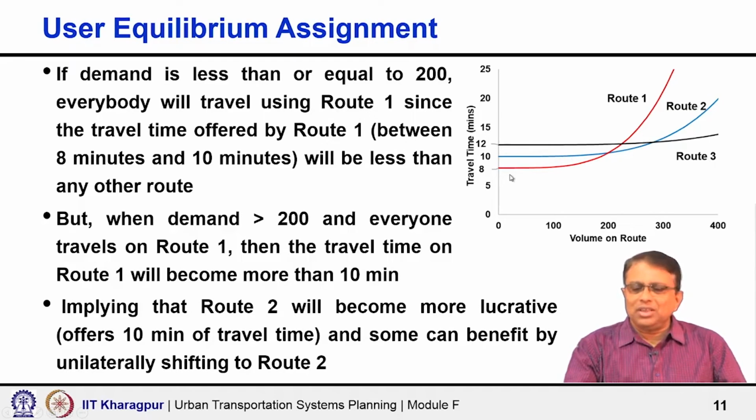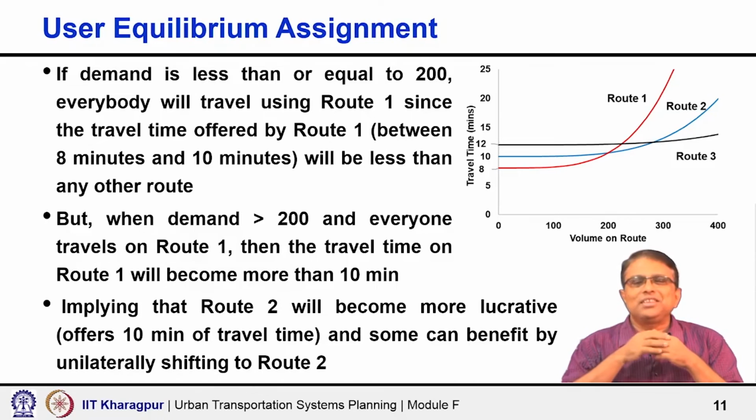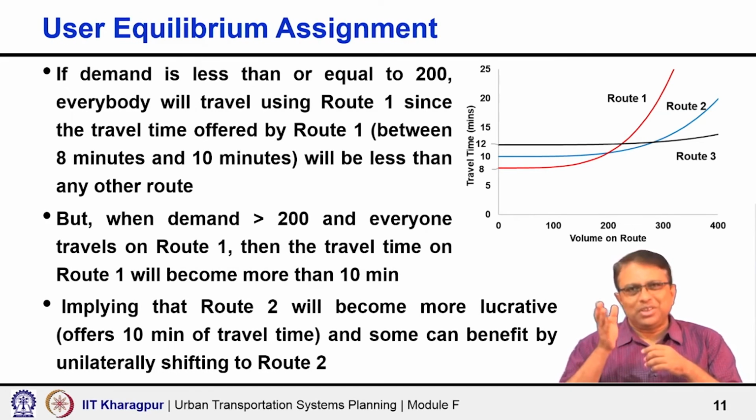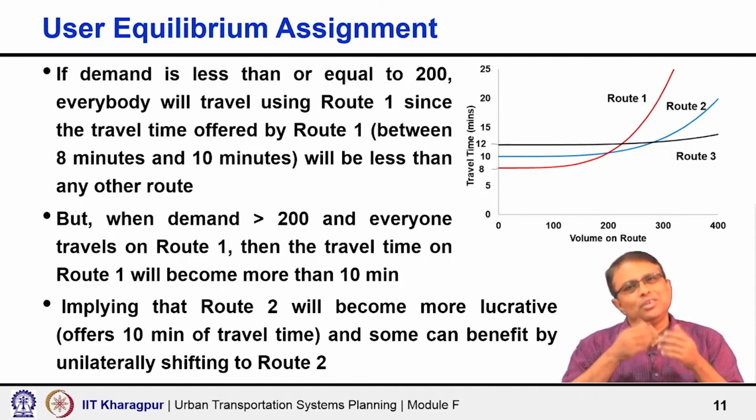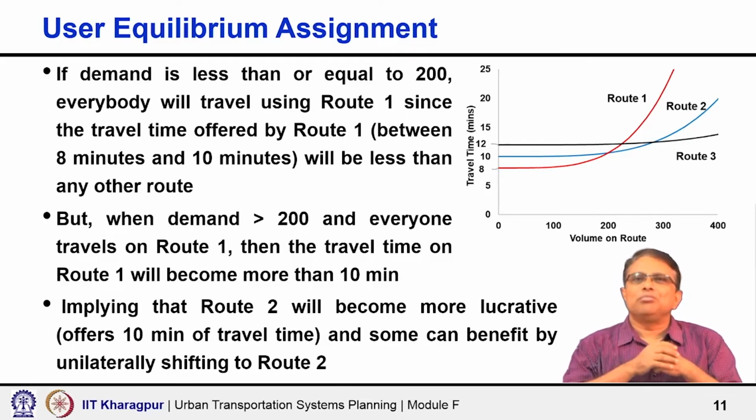So, route 1 already got so much traffic to get a travel time of 10 minutes. Now, if 50 more vehicles are added, you can see clearly from the blue line, which is representing route 2, the travel time on route 2 will still be 10 minutes. So, 200 people will use route 1 with 10-minute travel time, and 50 people will use route 2, again with the same 10-minute travel time.